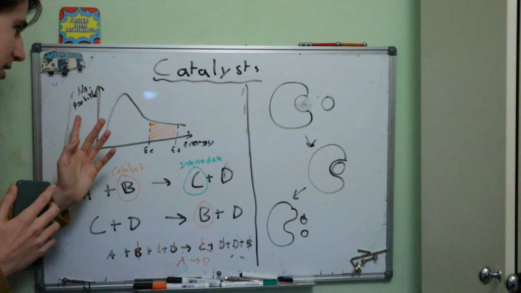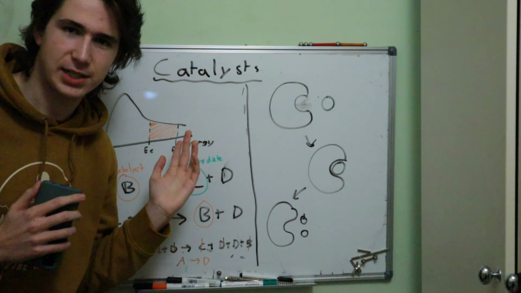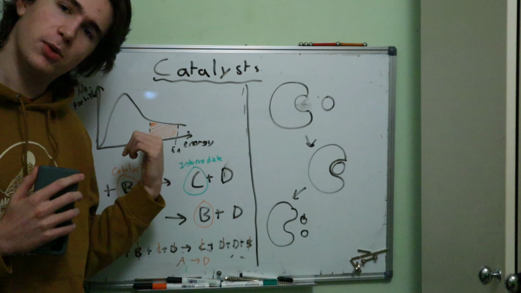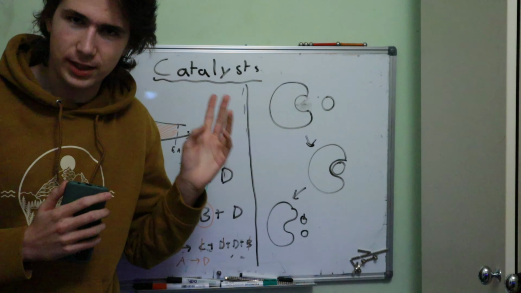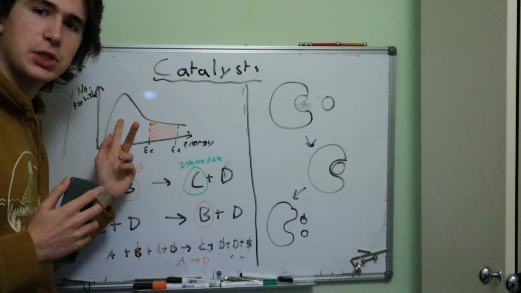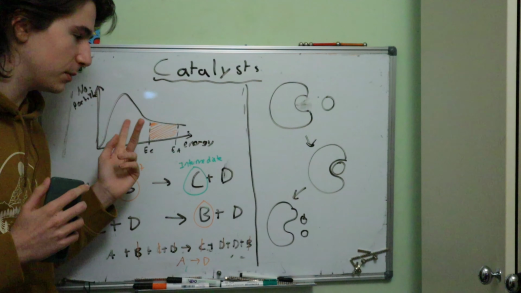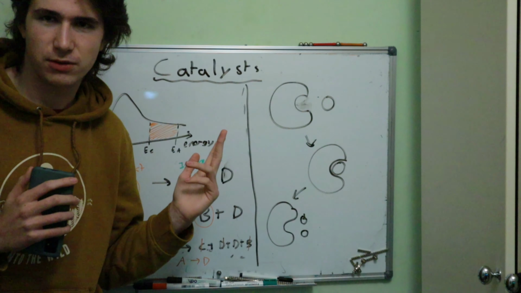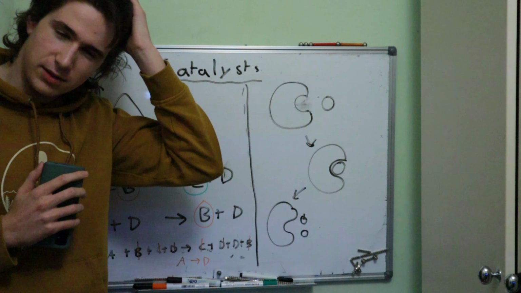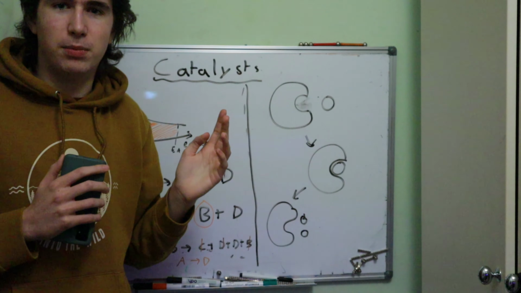Catalysts. I'm going to start with the chemical type of catalysts because these are probably slightly more interesting in terms of how they actually work. So here you've got something called a Boltzmann curve. A Boltzmann, I'm pretty sure, is some kind of chemist from some European country in the 19th century or something like that, but that doesn't really matter.